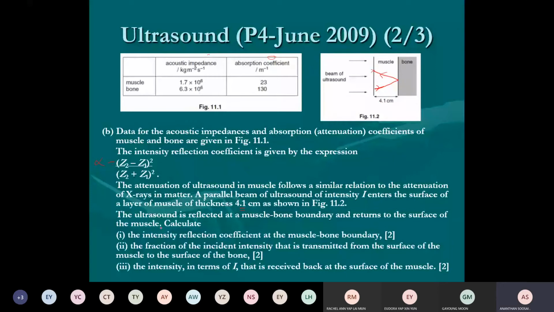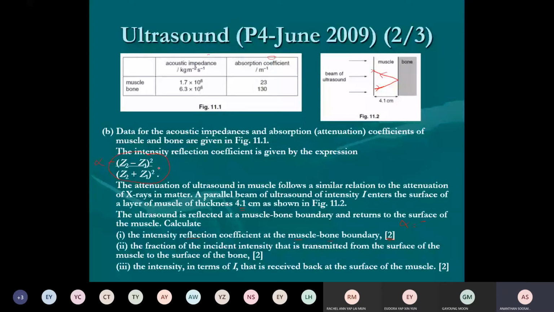The first question: the intensity reflection coefficient at the muscle-bone boundary, how much? 2 marks. So what are you asking for? Alpha. How much is the alpha of the muscle and bone boundary? So you must use (Z2 minus Z1) squared over (Z2 plus Z1) squared. This formula you have to use to find alpha.